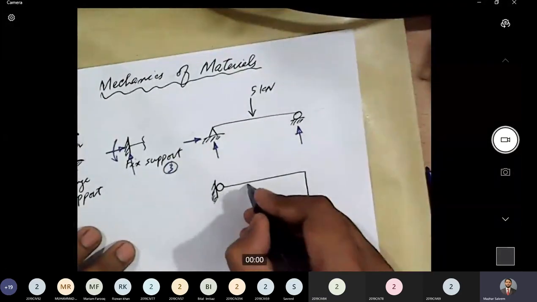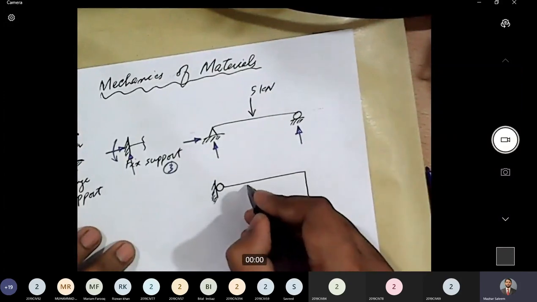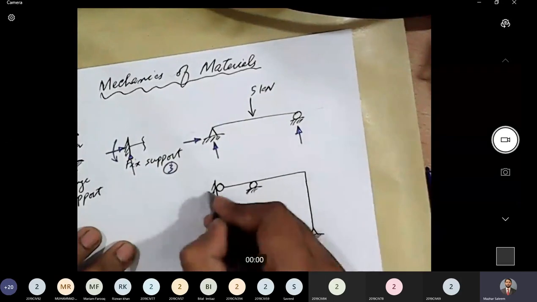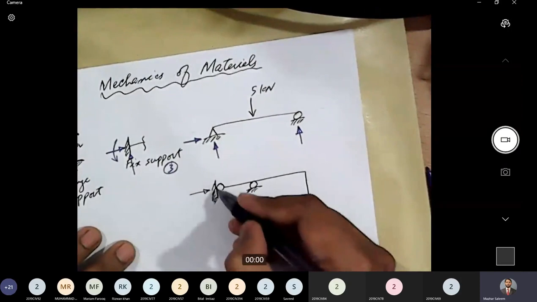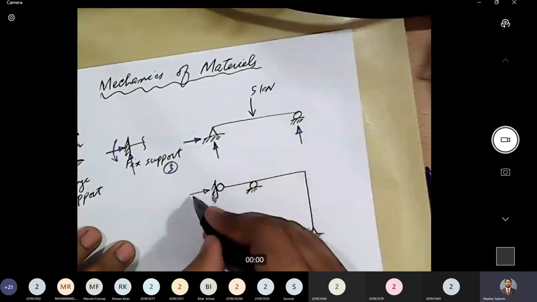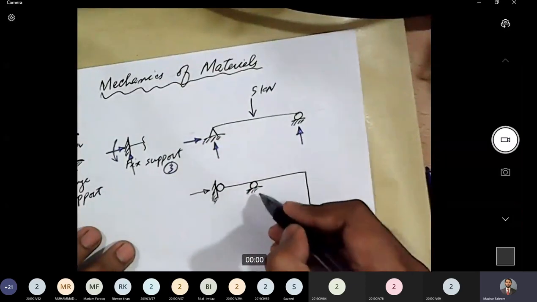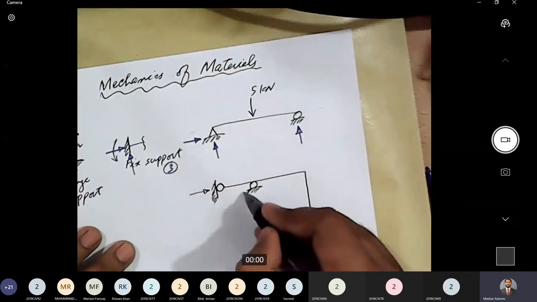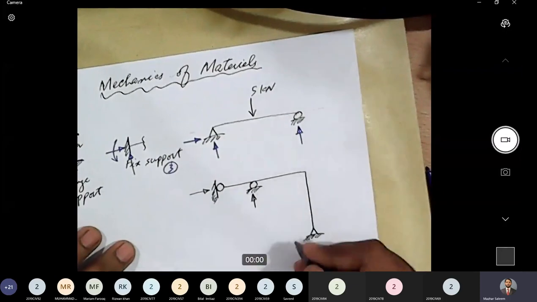Just to make the structure stable, let's say I add a support here as well. In this case, roller support will generate a horizontal reaction because the supporting surface is vertical, so the reaction generated will be horizontal, perpendicular to the supporting surface. However, here the supporting surface is horizontal, so the reaction generated will be vertical.